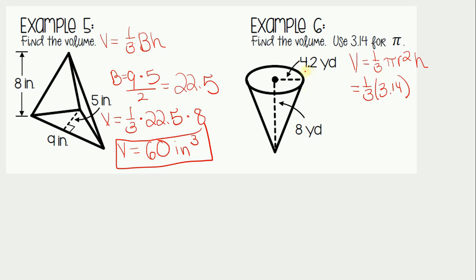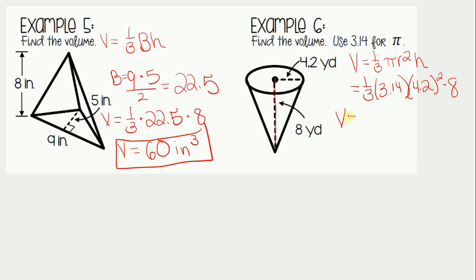My radius right here is 4.2. So it'll be 4.2 squared times my height, which is straight up and down, 8 in this case. So I need to figure out what is 1/3 times 3.14 times 4.2 squared times 8. So I'm going to go 3.14 times 4.2 squared times 8, and then I'm going to divide by 3 to take care of that 1/3.